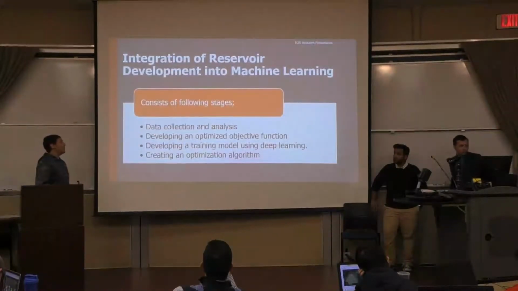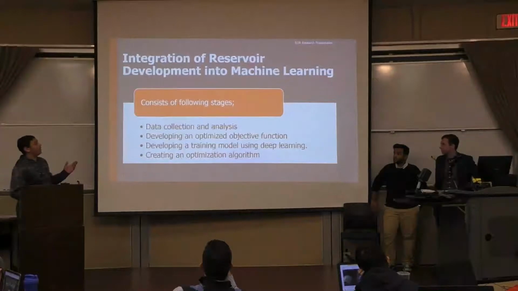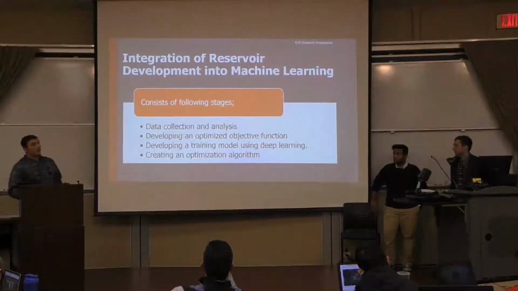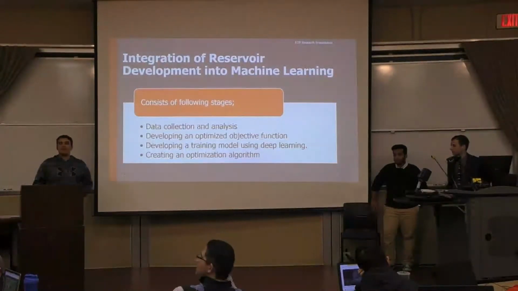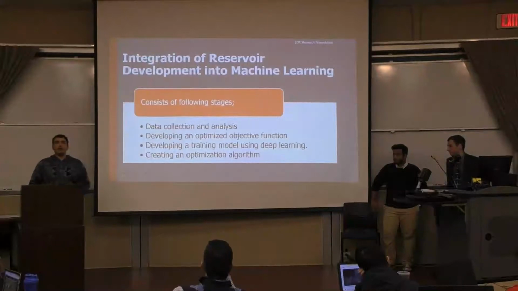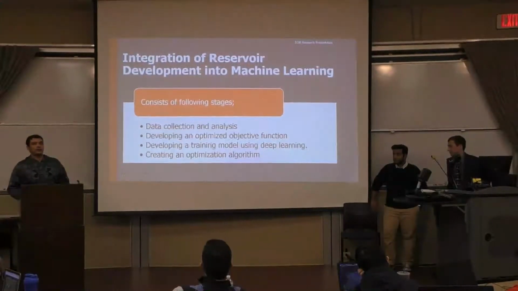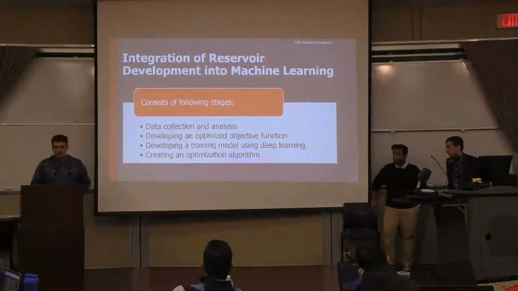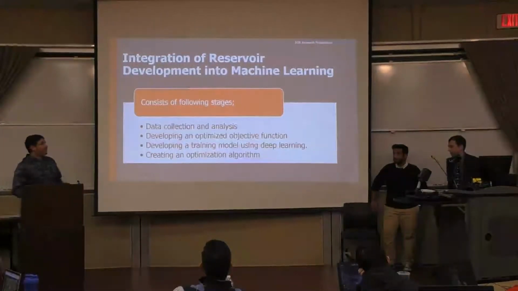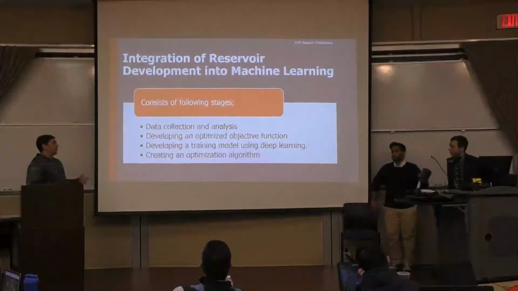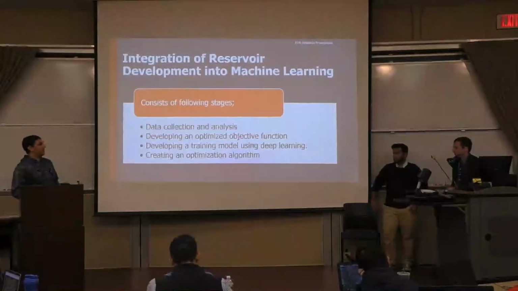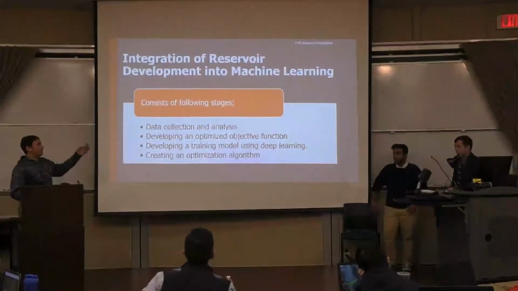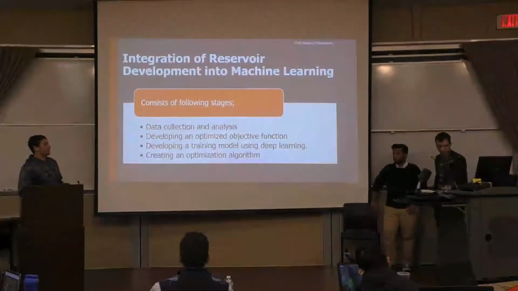Now moving into the integration of reservoir development into machine learning. A good example where we can see this method used is in the development of the Bakken Shale petroleum system, which is an unconventional oil reservoir. This method contains four parts that I will go through step by step.